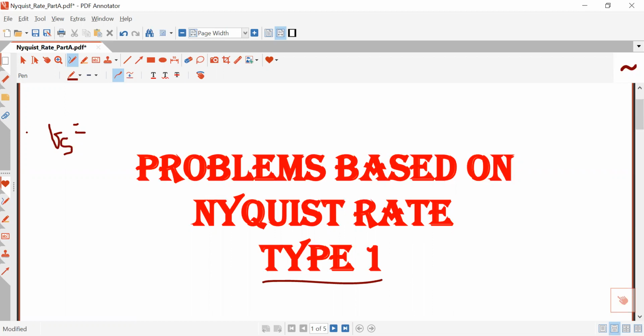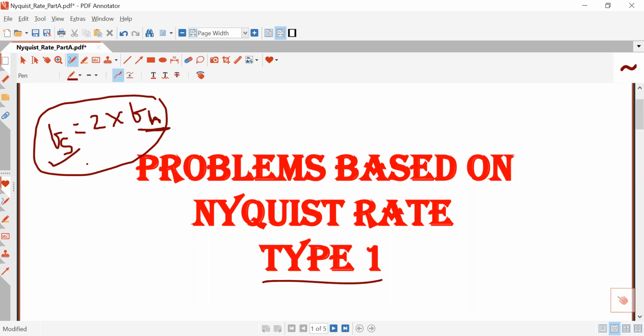The minimum sampling frequency, or the Nyquist rate, is twice the highest frequency present in the signal. So you must remember this formula. Basically, you will have to determine the highest frequency component existing in the signal, and then after the estimation of FH, the highest frequency component, you can determine the Nyquist rate by using this formula.